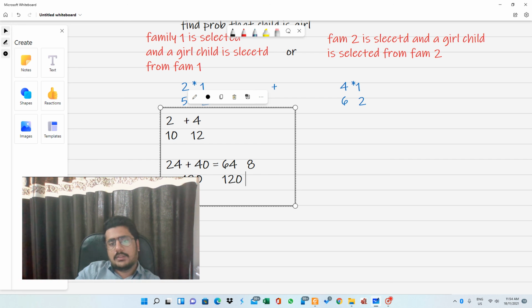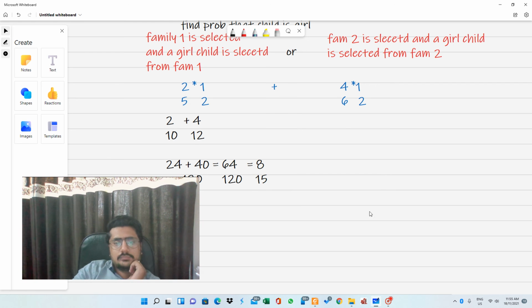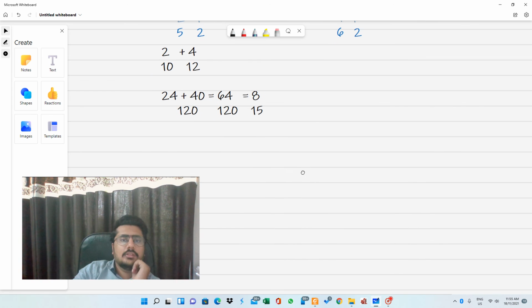Eight eights are 64 and eight 15s are 120. This should be our answer.